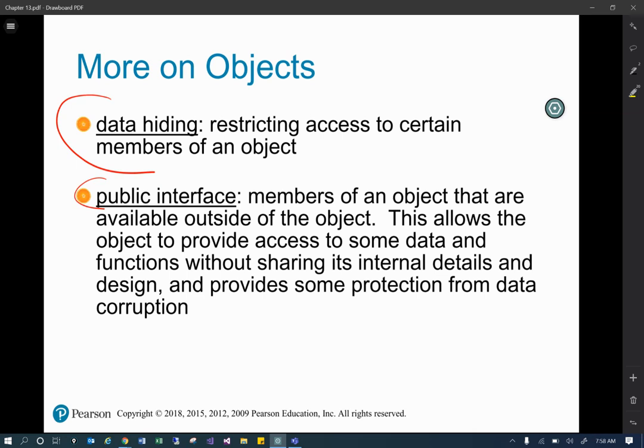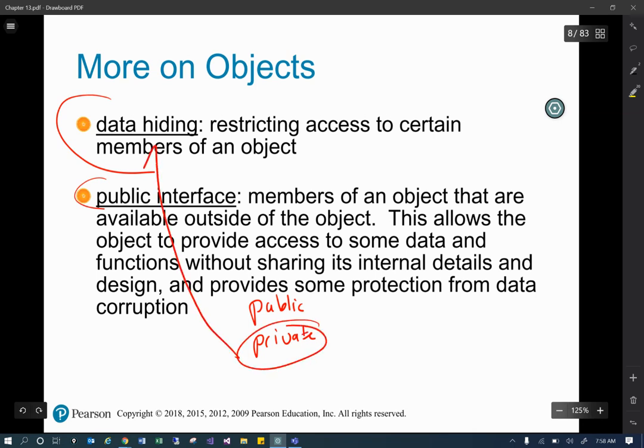So what you're going to start seeing is in our classes, we're going to be able to say that something is public or something is private. And this is that data hiding. This is what allows us to say, you know what, in this object or this class, we're going to make some of the items in the class only known to itself, and we're going to call it private.